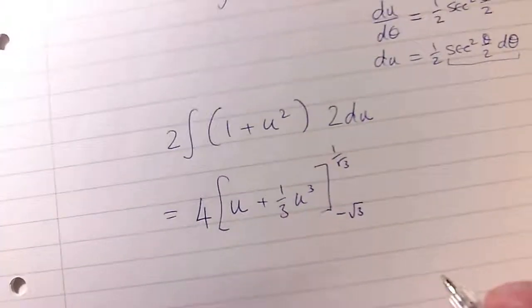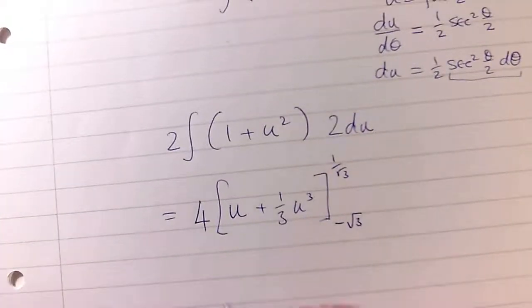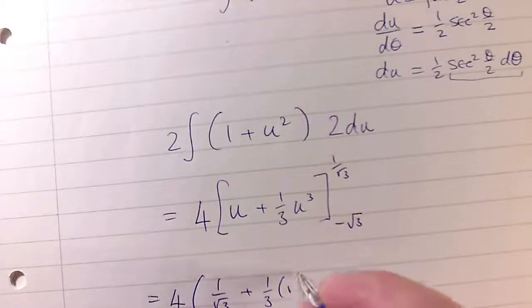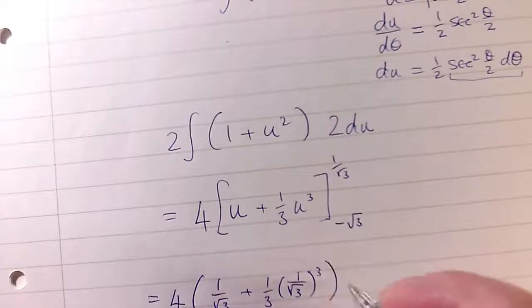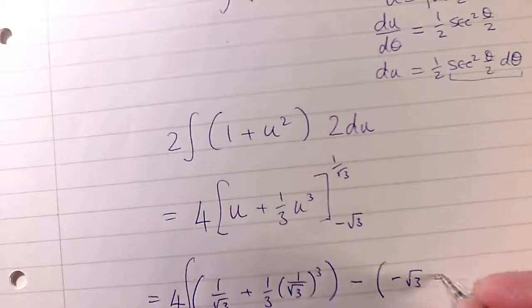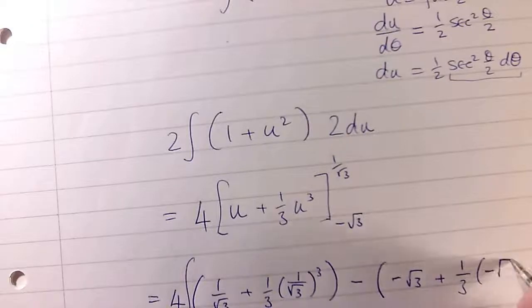So I've got to put those in, so I'm going to get equals 4, 1 over root 3 plus a third of 1 over root 3 cubed, and I need to take away from that minus root 3 plus 1 over 3 times minus root 3 cubed.